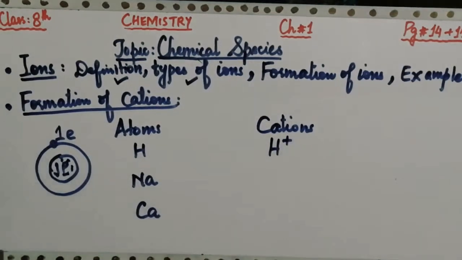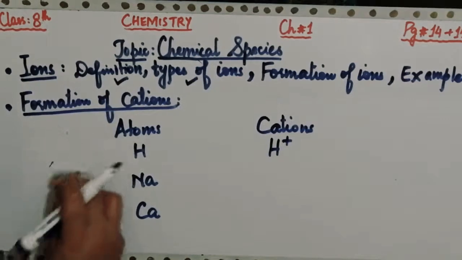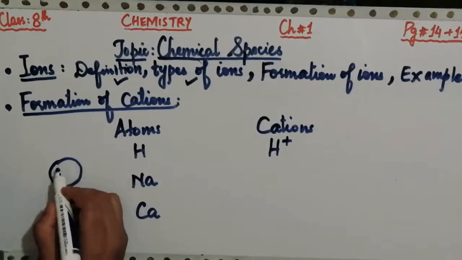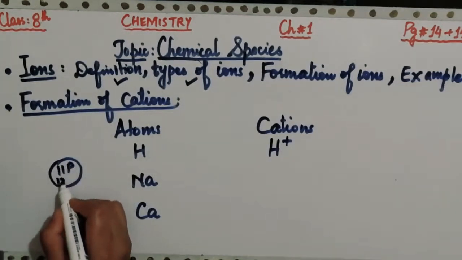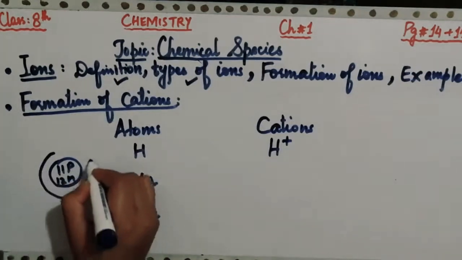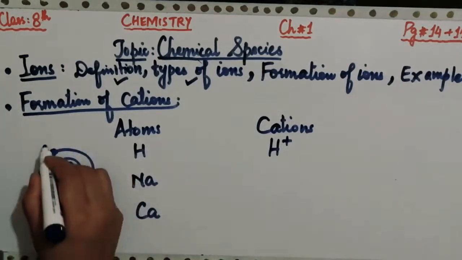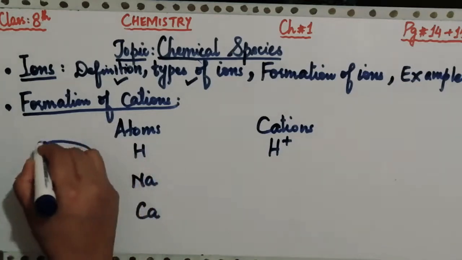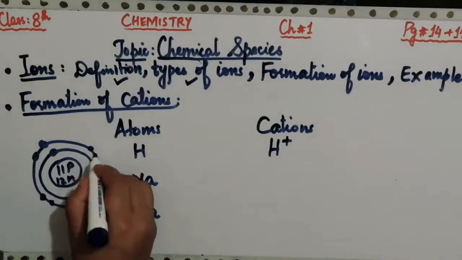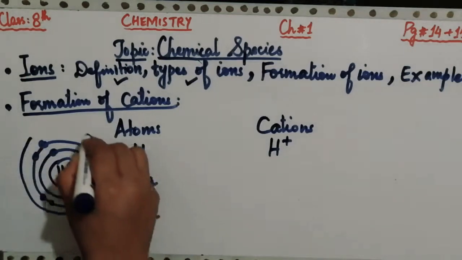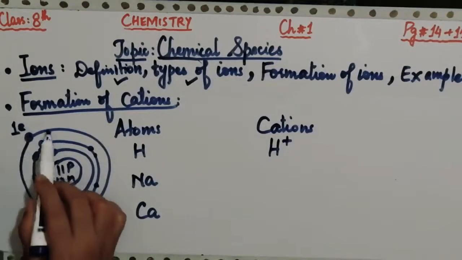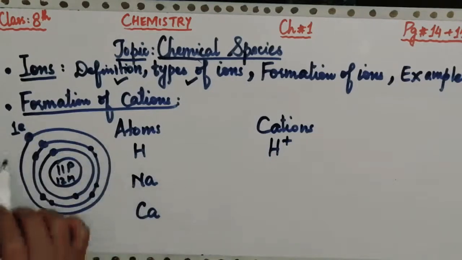In a similar manner, we have another example of sodium ion. Sodium contains 11 protons and 12 neutrons in its nucleus, while its first shell contains 2 electrons, the second shell contains 8 electrons, while the third shell contains only 1 electron. As you can see, 1 electron is present in the last shell, the outermost shell.